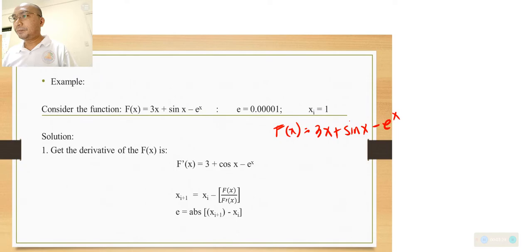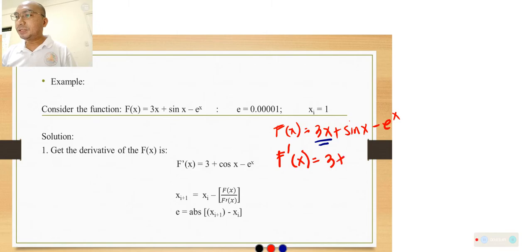What is f prime of x? What is the derivative of 3x? The derivative of 3x is 3. Next, plus, what is the derivative of sine x? The derivative of sine x is positive cosine of x. The derivative of x here is 1, so cosine x.